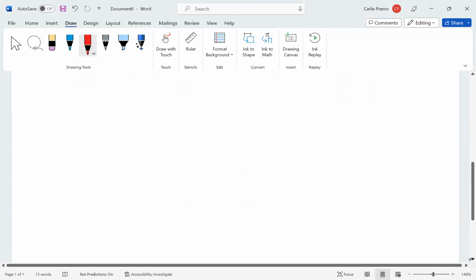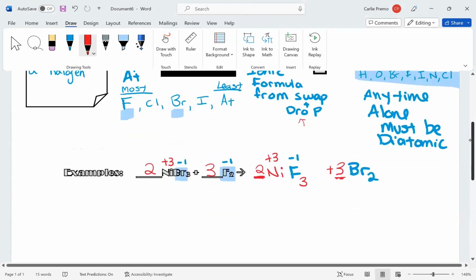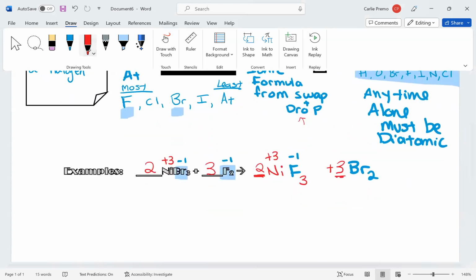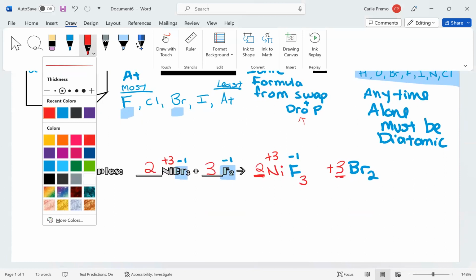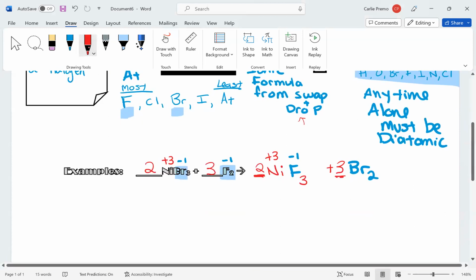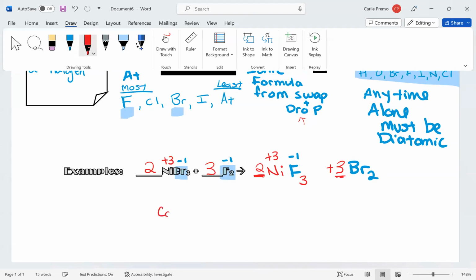Okay, one more example, that we can see where this would not necessarily happen. Let's say that we had cobalt with chlorine, and it is reacting with bromine.